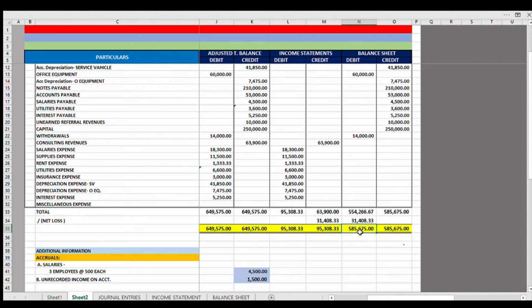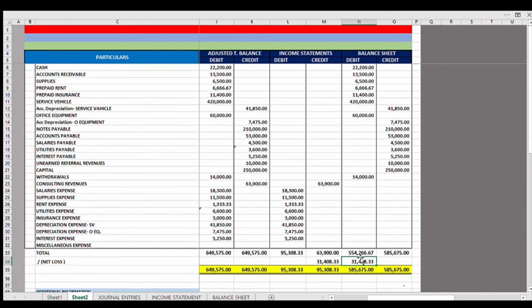So with this, we are now sure that we have balanced figures here, considering we have a net loss of 31,408.33. So this is how this worksheet is being prepared and accomplished.